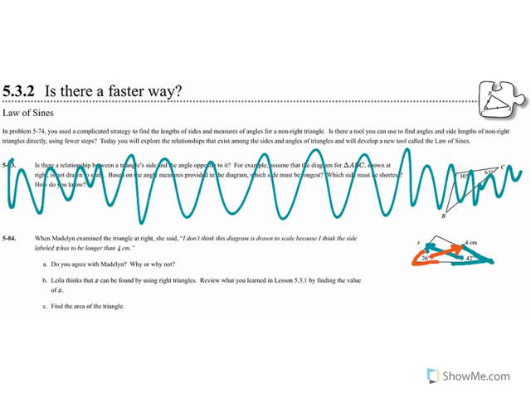If the angle across from it is bigger, then it makes that side length across from it bigger, right? If it's smaller, it's going to be smaller. If it's bigger, it's going to be bigger, right? So that's what law of sines is all about. If the angle is bigger, the side across from the angle is bigger. They correspond with each other.